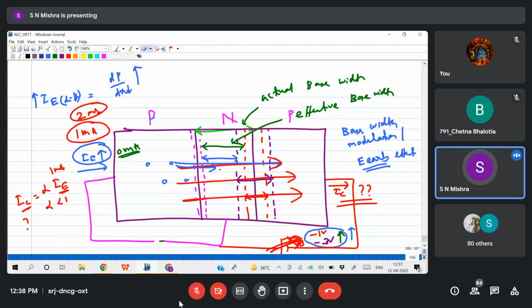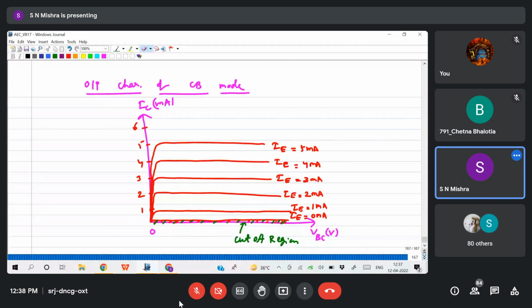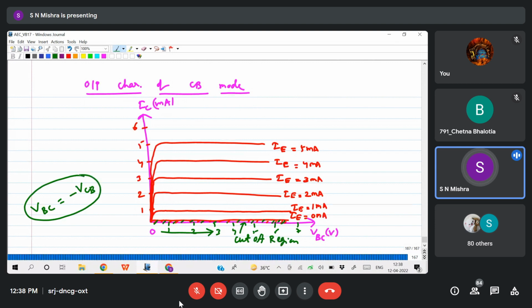For the collector base junction, I am moving from 0 to higher voltage. Let us take the 0 point, this is 1, this is 2, this is 3, this is 4, this is 5, this is 6, this is 7. That means VBC I am giving. VBC means minus of VCB.